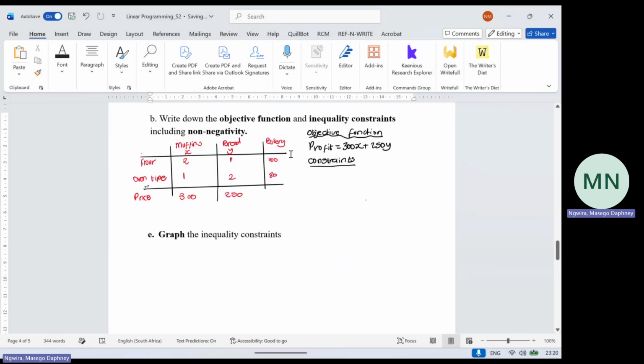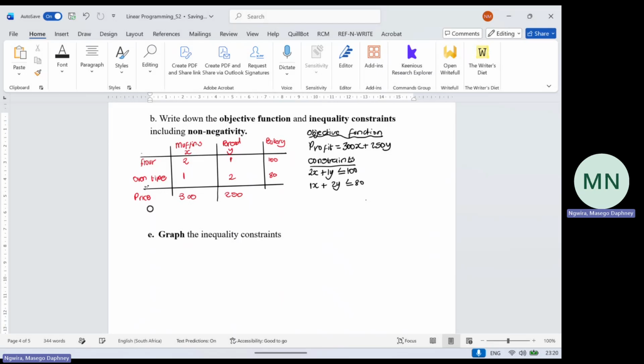Hopefully I'm doing the right thing here. So this will be 2x plus 1y less than or equal to 100. I mean, we can have more than that too, to mix and make your muffins and bread. We all know that. And then we have 1x plus 2y less than or equal to 80.